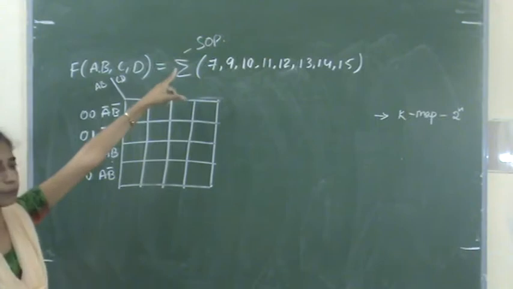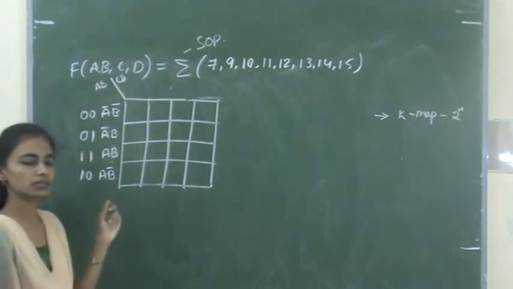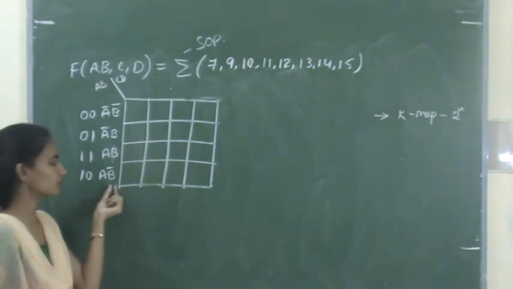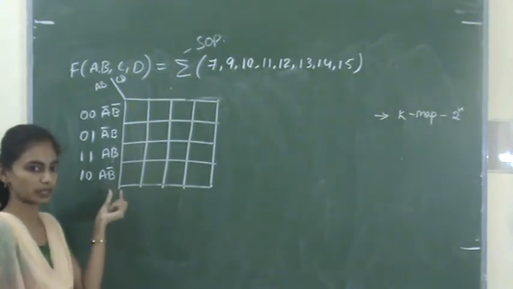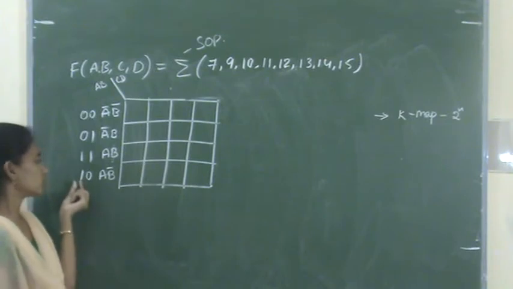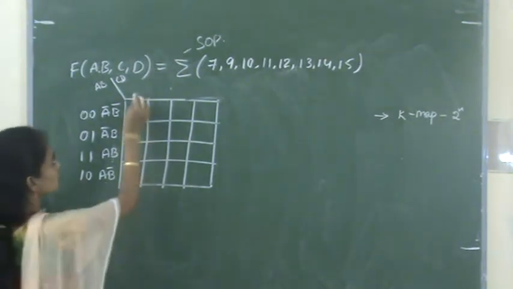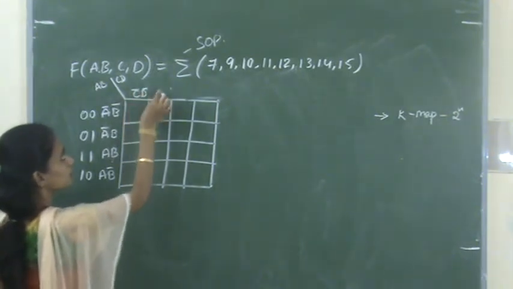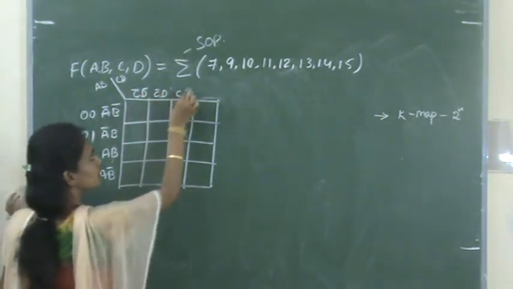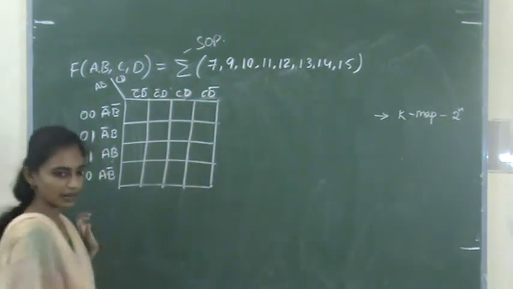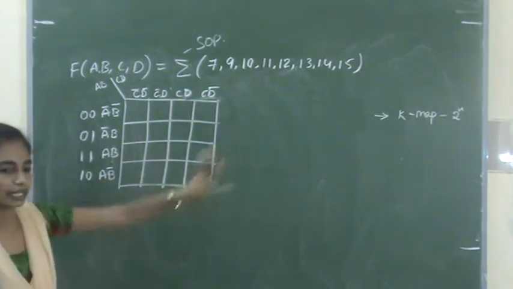In SOP form, we know that min terms are represented, right? So if it is 0, that variable has to be bar, means complement of it. If it is 1, we just write the variable as it is, right? So here we have C bar D bar, C bar D, C D and C D bar, right?